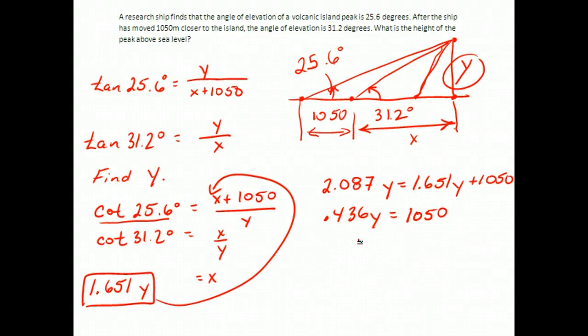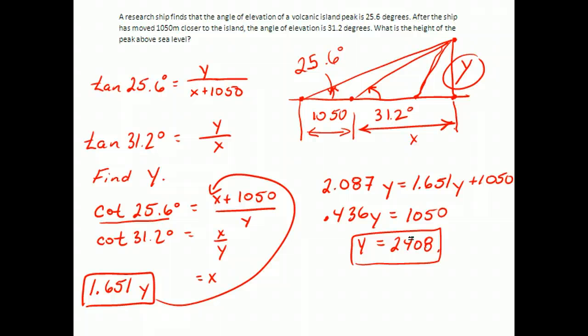So divide both sides now by 0.436, and what do we get? We get 2,408. So the height of our volcano is 2,408 meters.